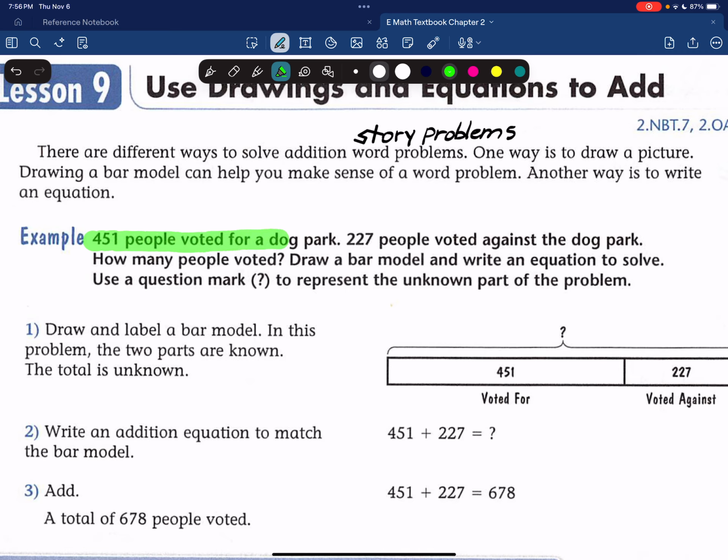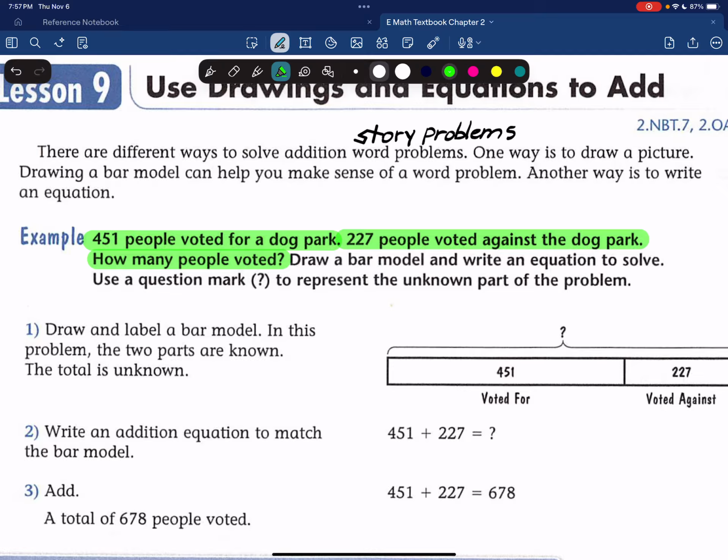451 people voted for a dog park. 227 people voted against the dog park. How many people voted? Draw a bar model and write an equation to solve. Use a question mark to represent the unknown part of the problem.